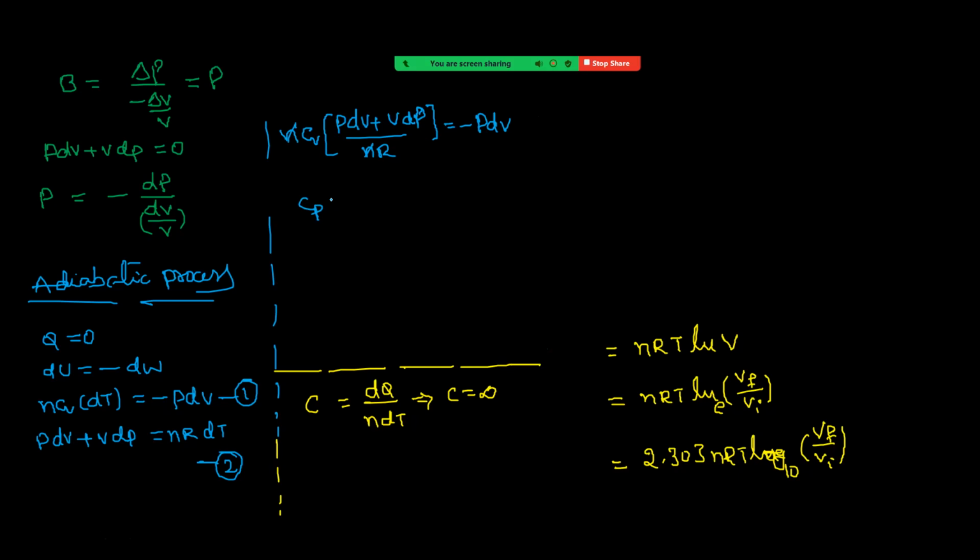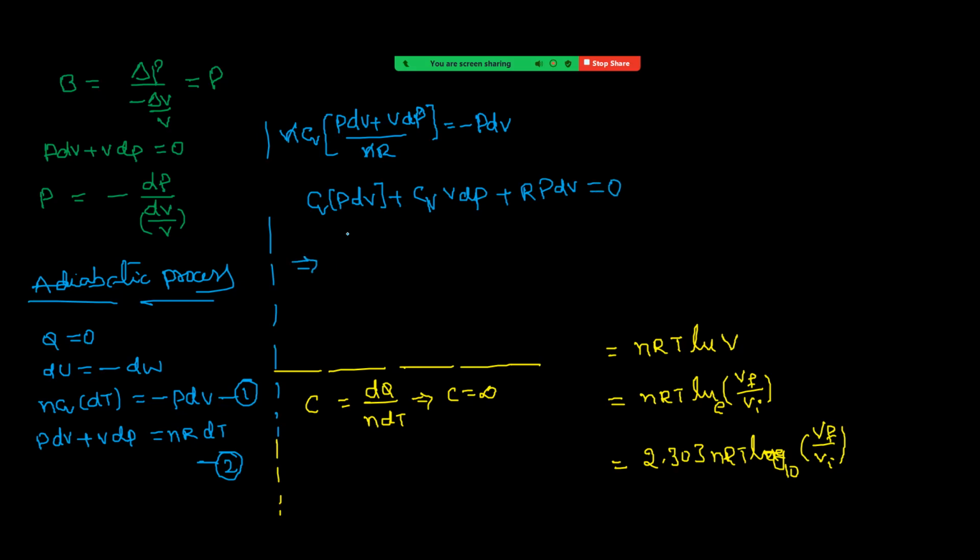It is Cv into P dV plus Cv into V dP plus R into P dV, that is equal to 0.